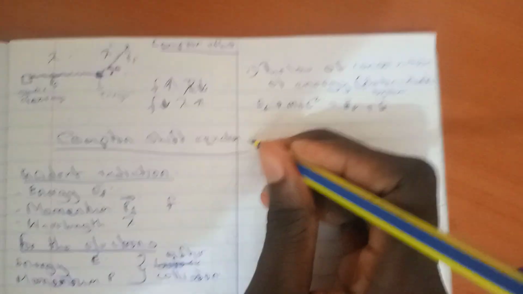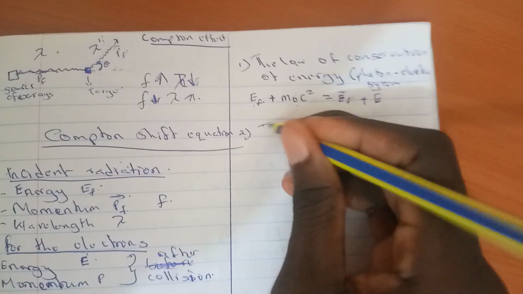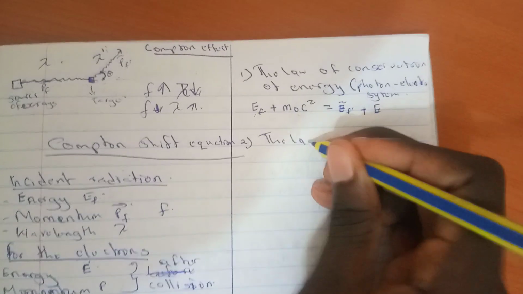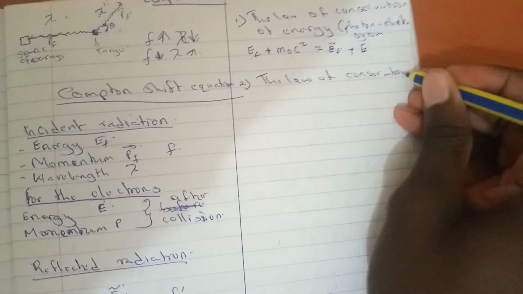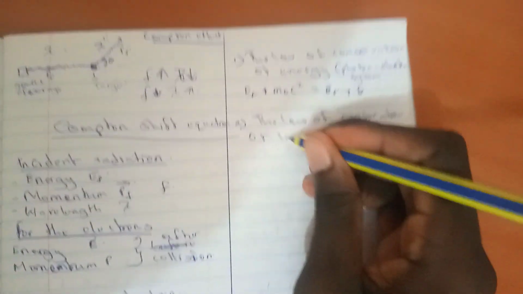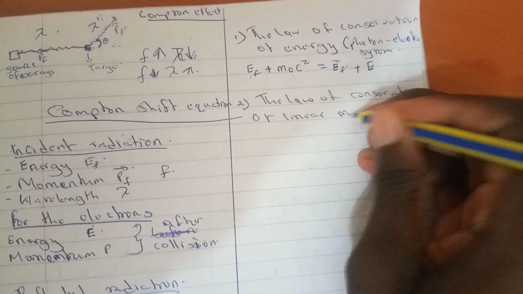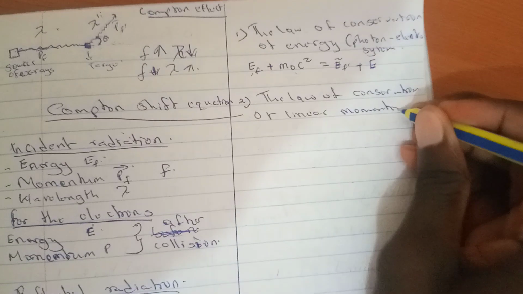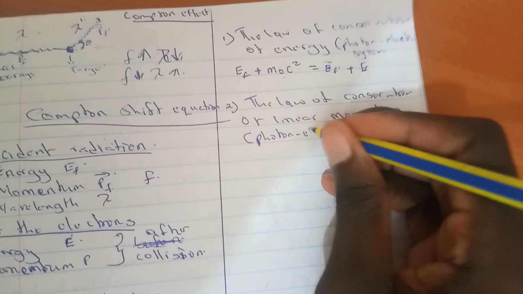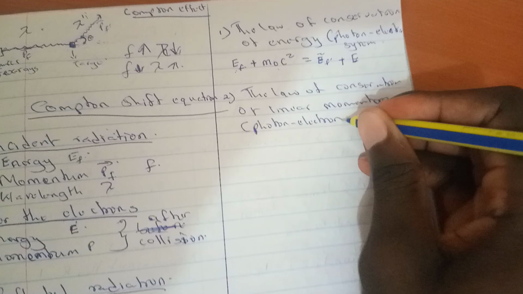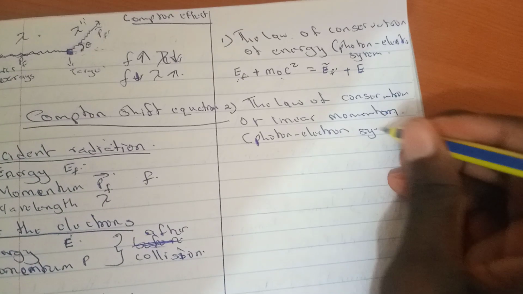Now, the second law is the law of conservation of linear momentum, for the photon, electron system.